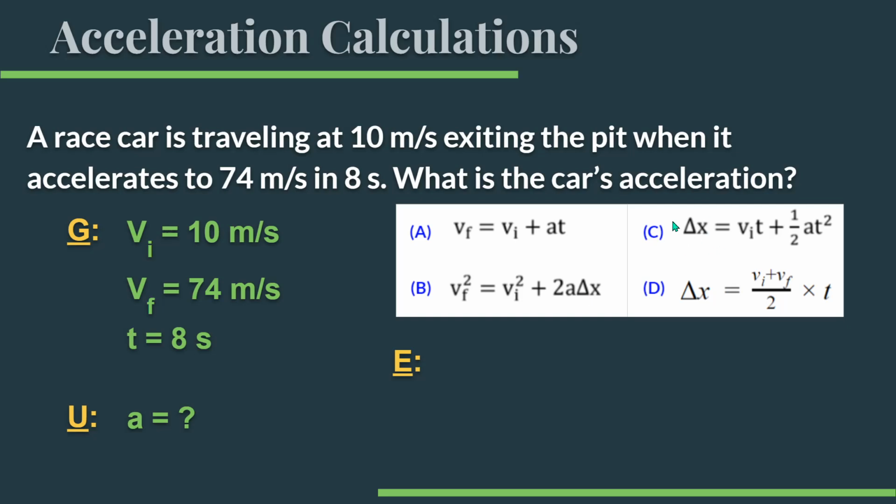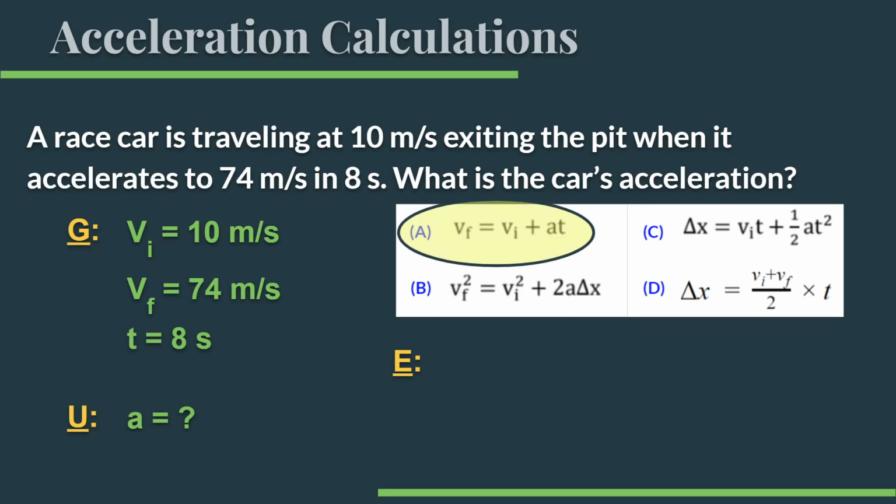Equation D doesn't even have acceleration in it, so I can't solve for acceleration. So the only equation that allows me to solve this problem in one step is equation A.